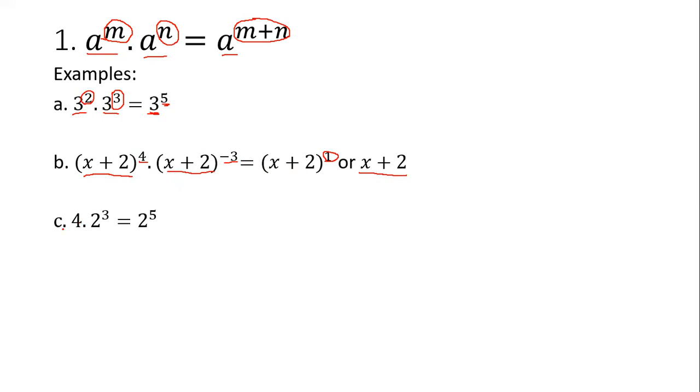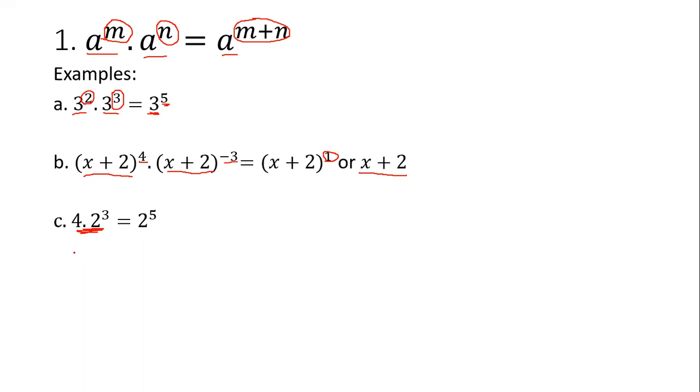Okay? And for letter C, 4 times 2 raised to 3 equals 2 raised to 5. Now, akala ba natin, or sinabi ko po kanina na dapat po parehong-pareho ng base bago po natin i-multiply. And as you can see, or seemingly, this expression here do not have the same base.